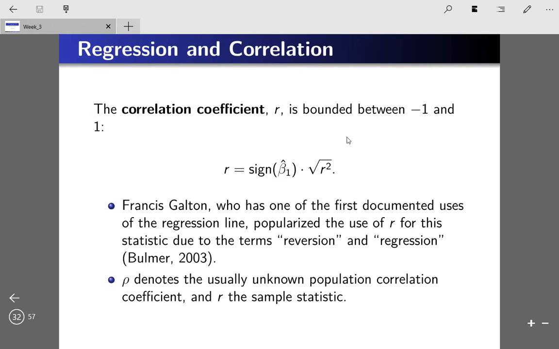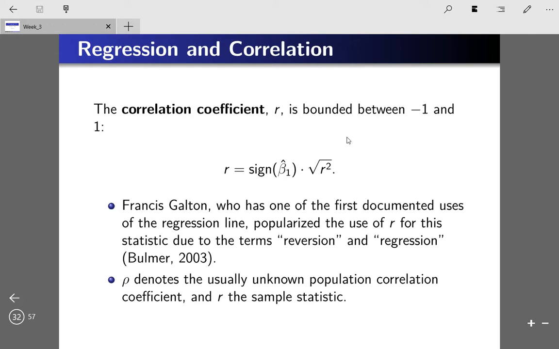But the reason R is used is because of this person, Francis Galton, who has one of the first documented uses of regression in general. And so he liked to use the letter R to denote this due to the words reversion and regression. So there's a little factoid for the day here.